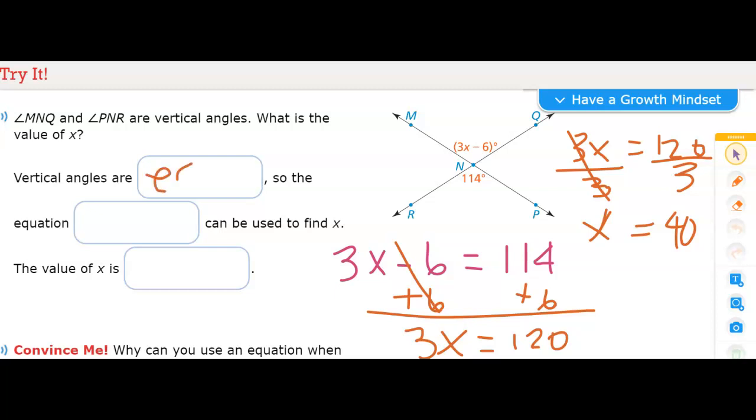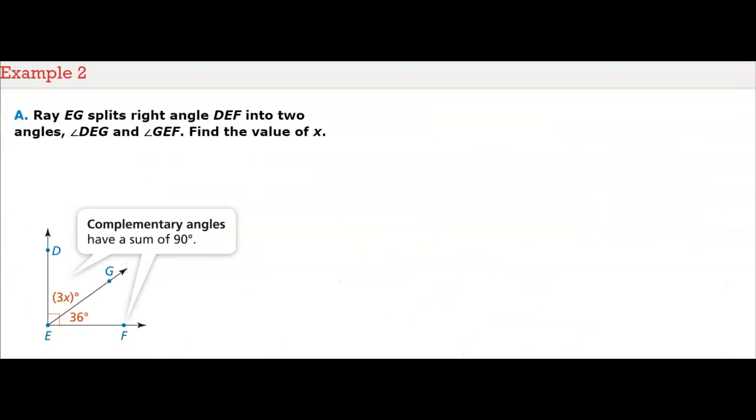So in here would be the word equal. So the equation 3x minus 6 equal to 114 can be used to find x. The value of x is 40. And that's it. Part A.